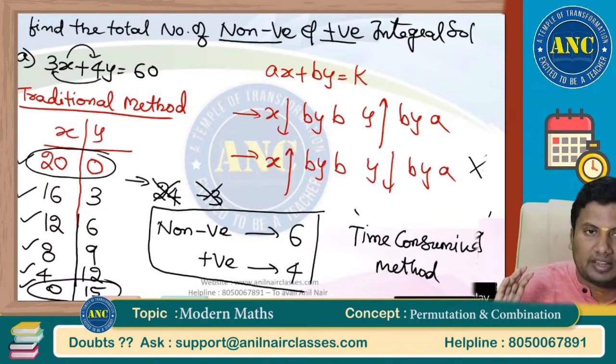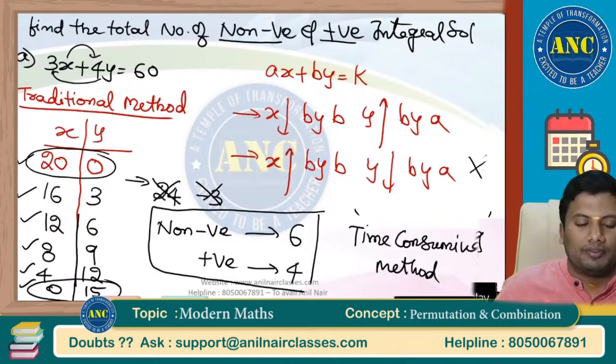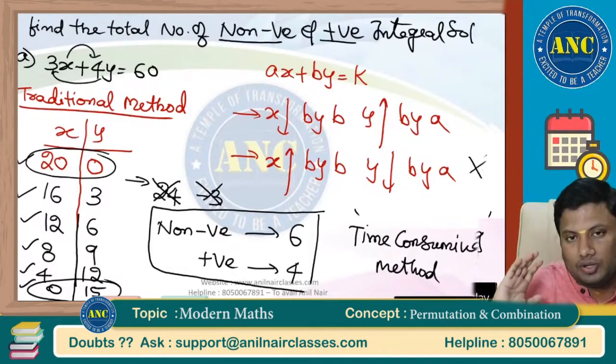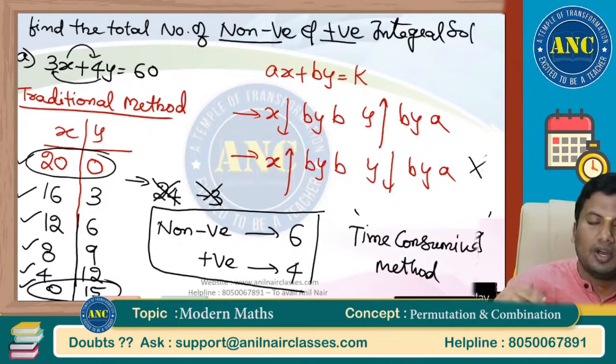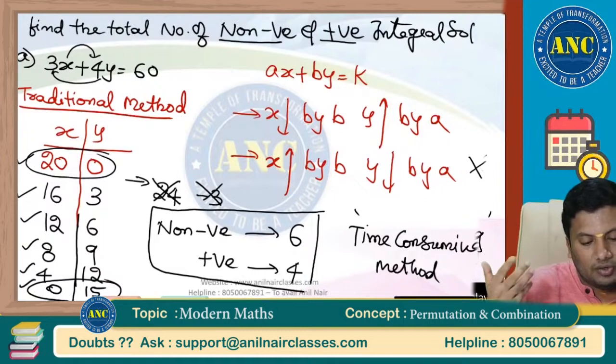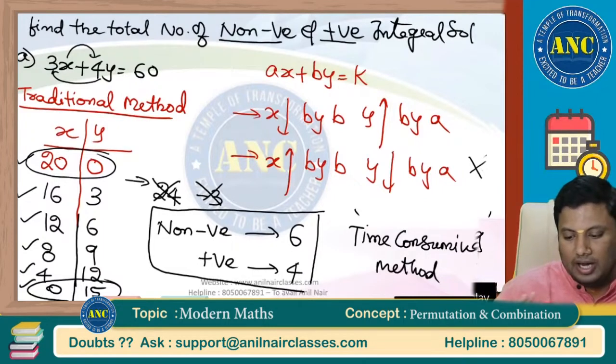We will respect the past, but we will create our own future. We will respect what our parents are saying, but we will also equally respect what we are passionate about in our life. Right? You can also start with x value 0 and end with y value 0. This is the traditional method.